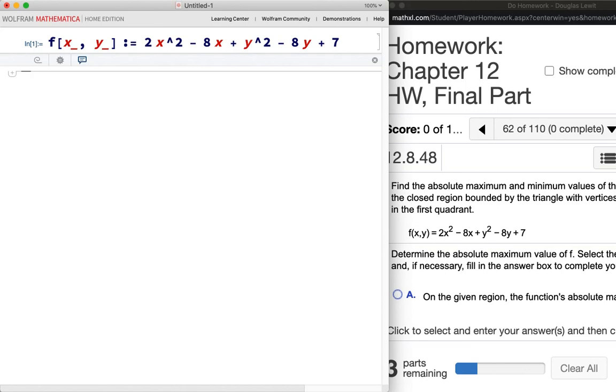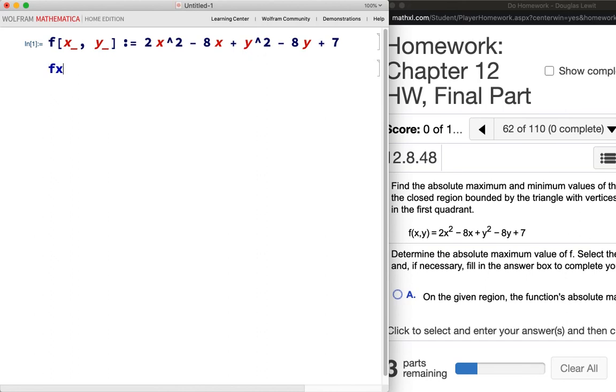Now, of course, we could use Mathematica to find the partial derivatives. That's probably not really necessary in this case because we're dealing with a polynomial function, and it's really easy to differentiate polynomial functions. You just use the power rule. So we can do that by ourselves. I don't think we really need Mathematica to help with that.